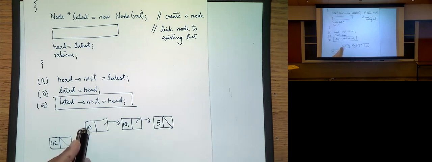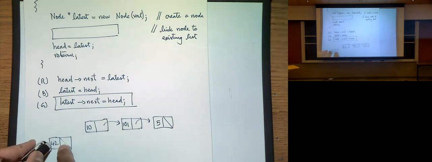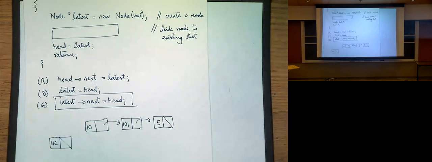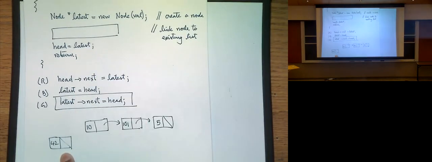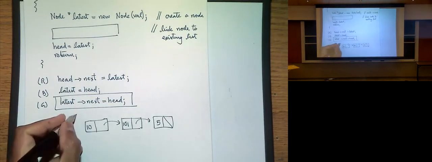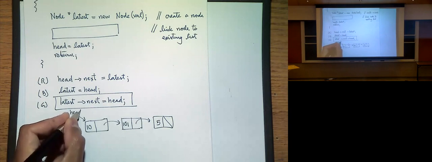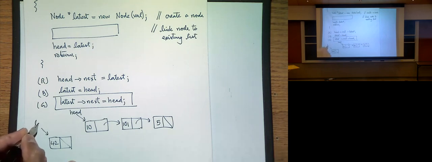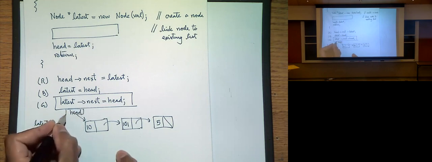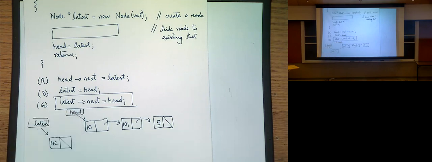So there are really 2 things that need to be done. First, you have to link this to the existing list, and then you have to reset the head pointer. So resetting the head pointer is the next step. So the way you link is, well, head was pointing there, and this is latest. The way to think about these things is that they are themselves pointers, addresses to these nodes.